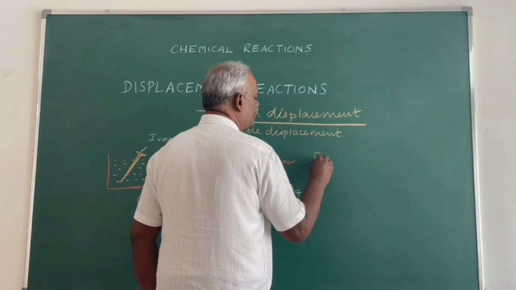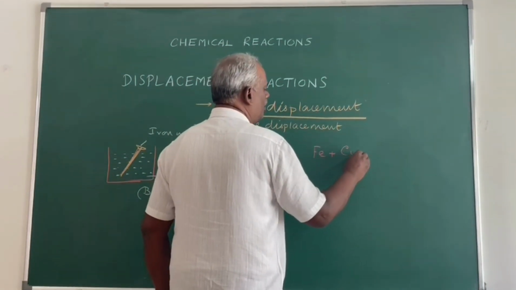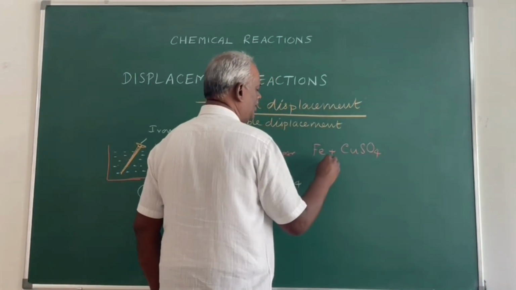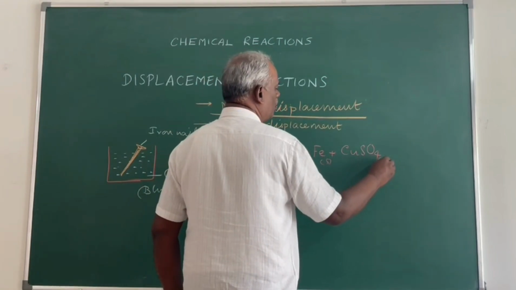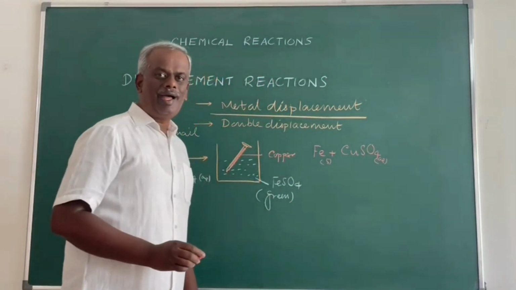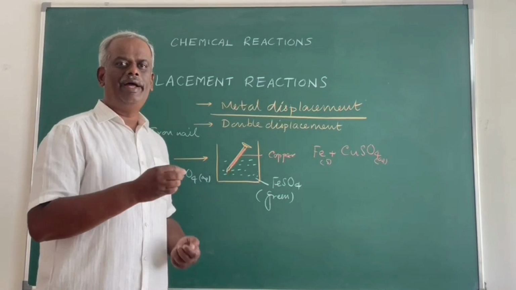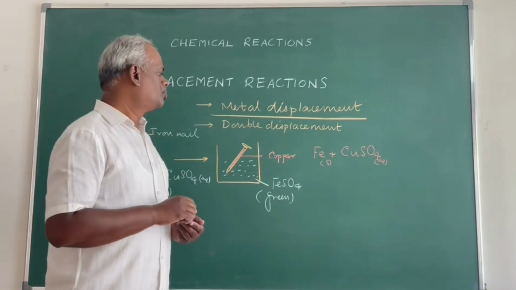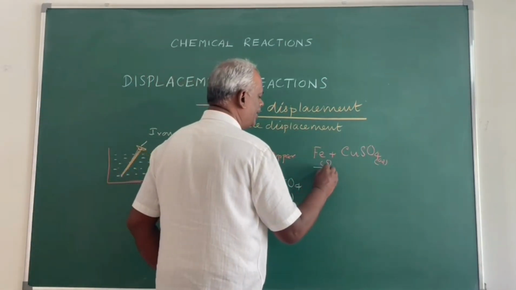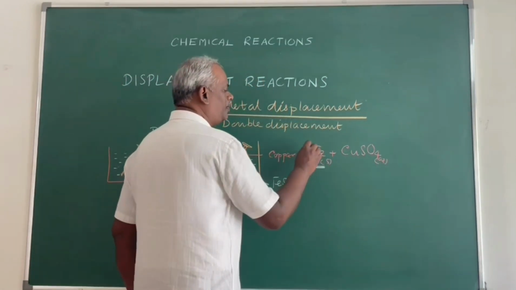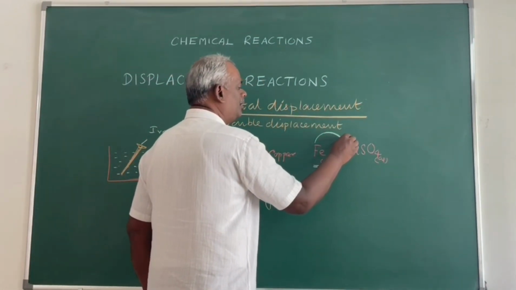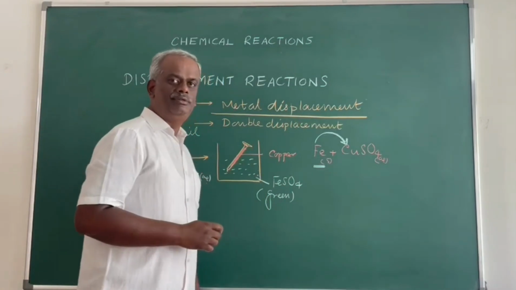If you take Fe and copper sulfate, Fe is a solid and copper sulfate is aqueous. Here the reactivity of copper and iron are compared. Iron is more reactive, so it can displace the less reactive copper from the copper sulfate.